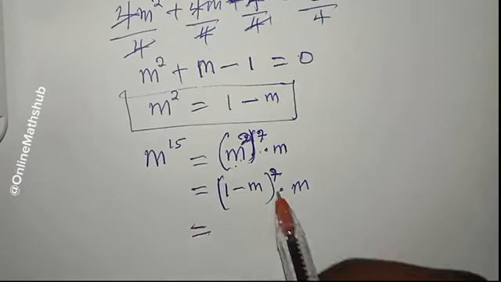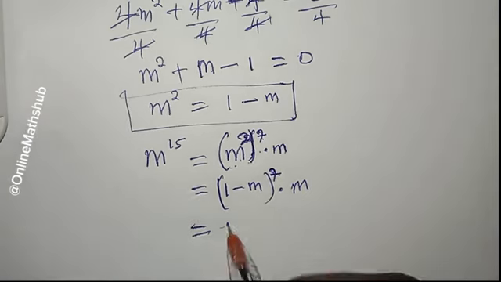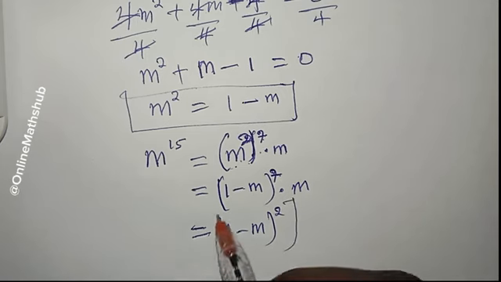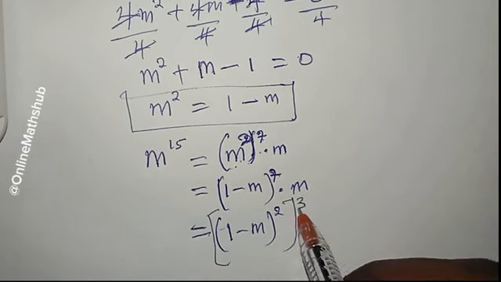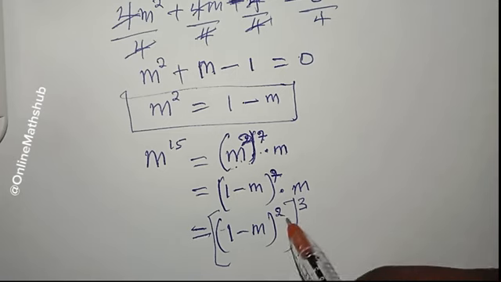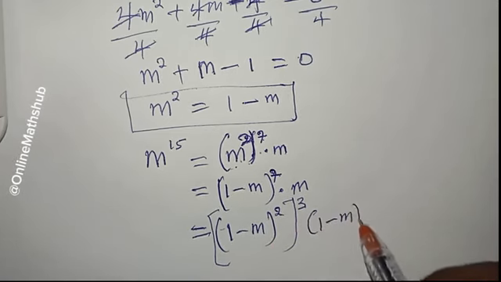Next, I can write this (1 - m) power 7 as ((1 - m) power 2) power 3, times another (1 - m). When you multiply 2 by 3, you get 6, so I'm left with (1 - m) power 6 times (1 - m).